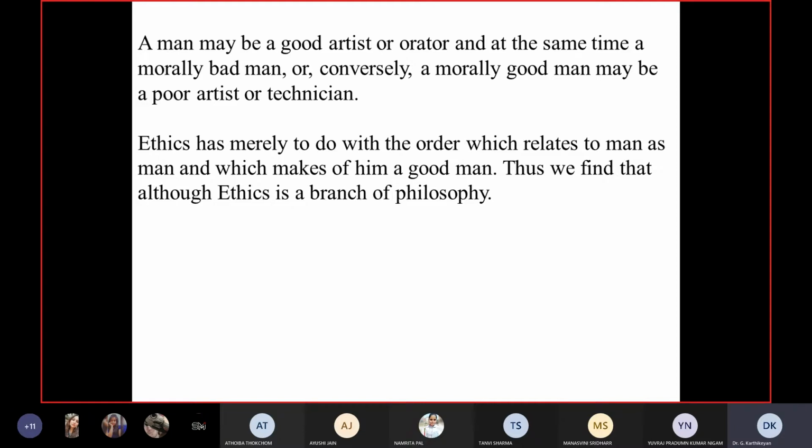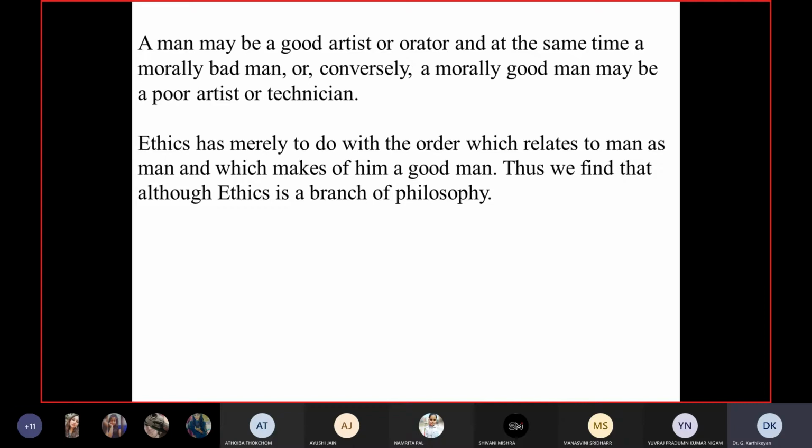So these are two extremely opposite polarities. On the other hand, you can still have a person who could be a good artist, a good orator, and also a good ethical person. So you see a range of behaviors, and that is what we'll be dealing with in our class on ethics.